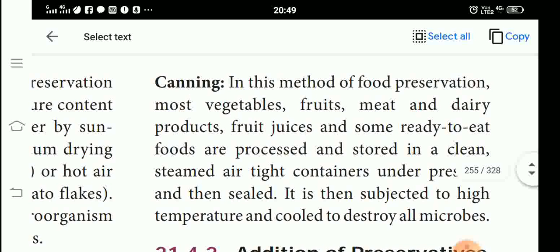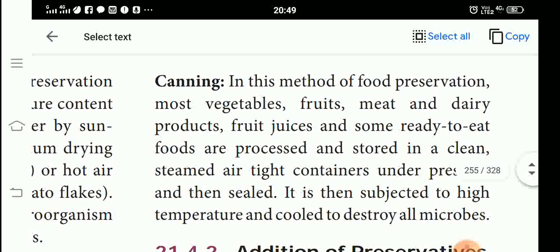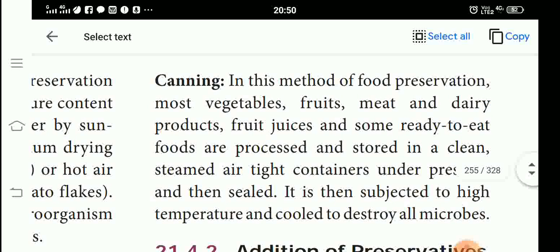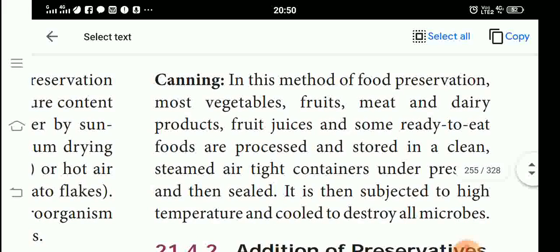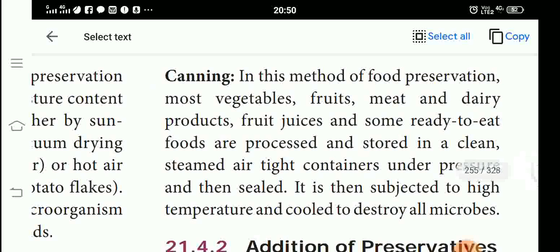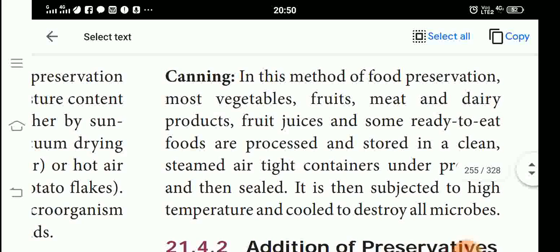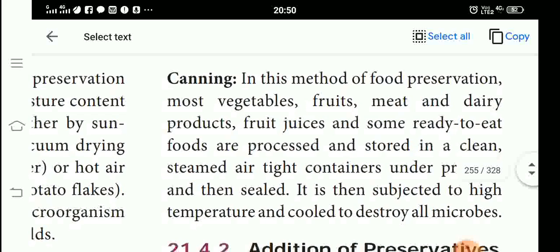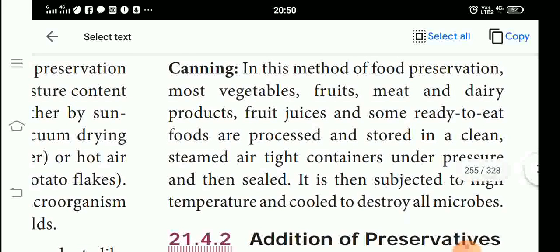That is an airtight container. If air enters the container, definitely through air some of the microorganisms enter the container and spoil the food. So airtight containers are used. Some of the fruit juices, like Tropicana, are also preserved in an airtight container to avoid contamination under pressure, and they are sealed.